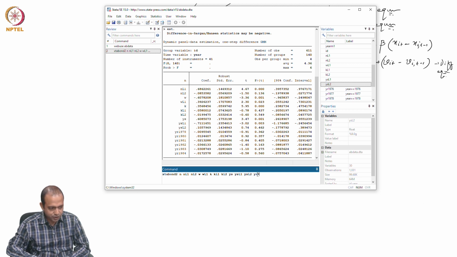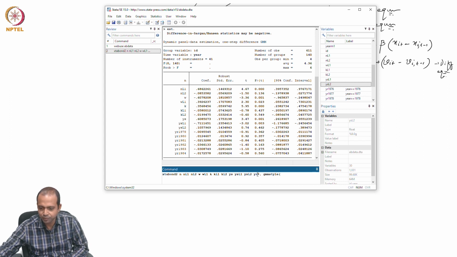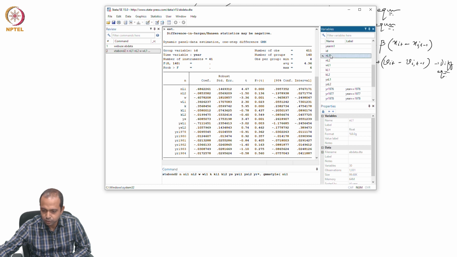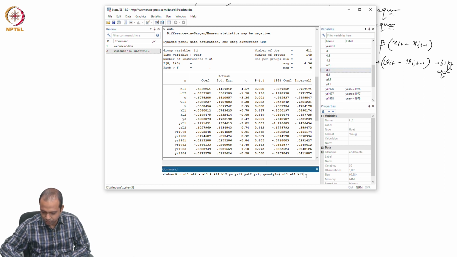This is the specification, and then GMM style. Within GMM style we have n L1, then w L1, then k L1. So, these are also now included in the GMM style.